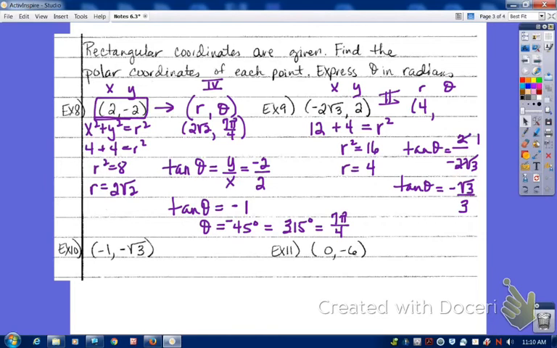Second. So let's use the unit circle on this one. What angle in the second quadrant gives me a tangent value of negative square root of 3 over 3? 5 pi over 6. So your polar point is 4 comma 5 pi over 6.